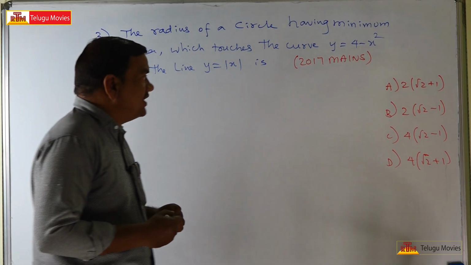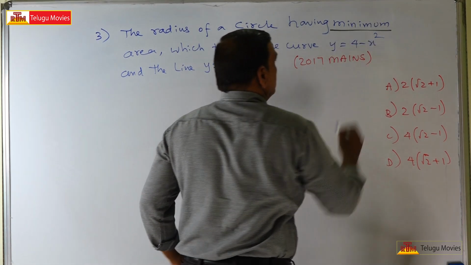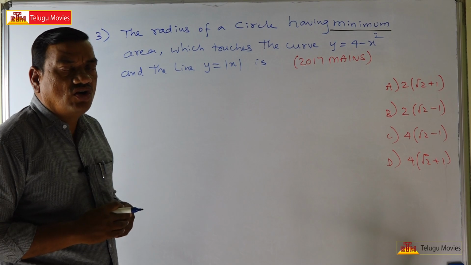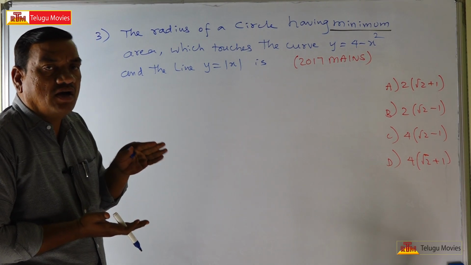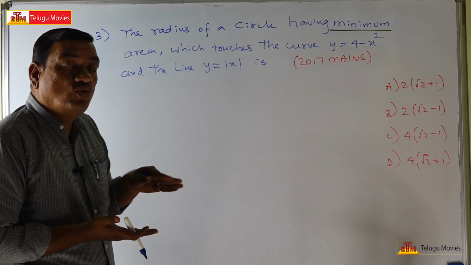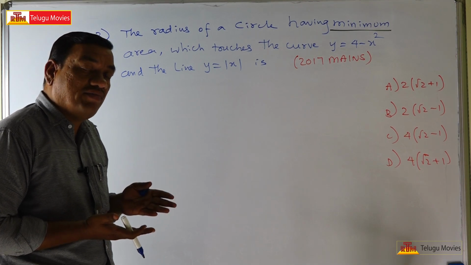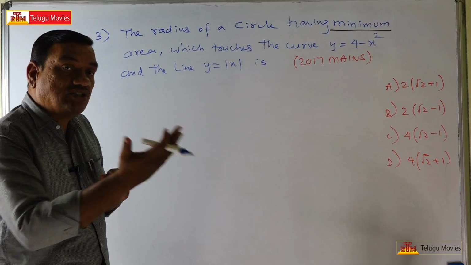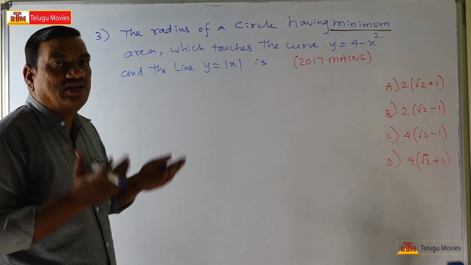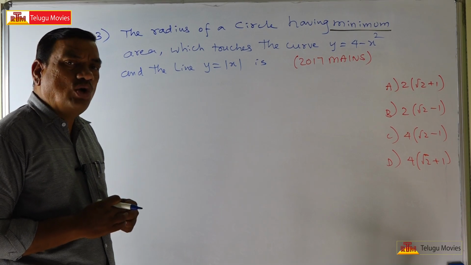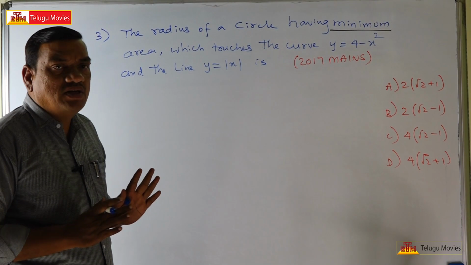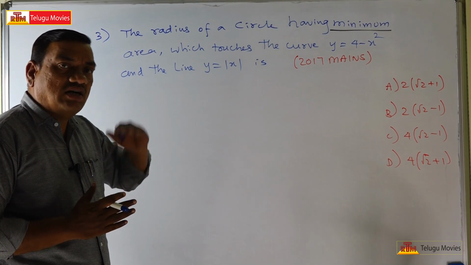Whenever students see the word minimum or maximum, they immediately think that we have to create a function and find f dash of x and f double dash of x, equate f dash of x to 0 for maxima minima. Generally they think like that, but don't think too much. This problem does not need that many calculations.